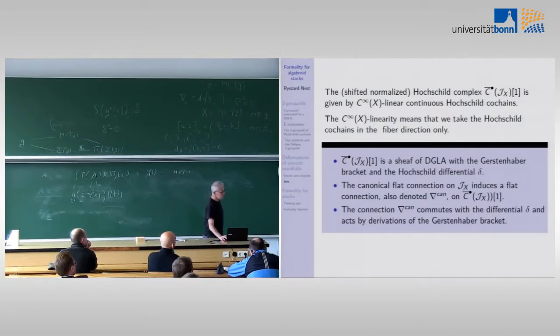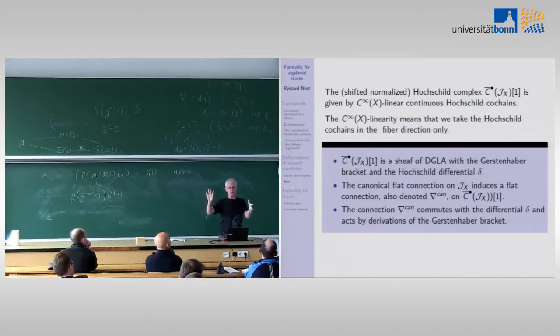So what we will do is, instead of looking at this huge matroid algebra, we just look at jets of functions. So this bundle of jets on our manifold, we take Hochschild cochains in the jet direction only. So I have functions, and fiber-wise I have these formal power series, these jets. So I will take these Hochschild cochains, so linear in the space direction, but multilinear in the fiber direction.